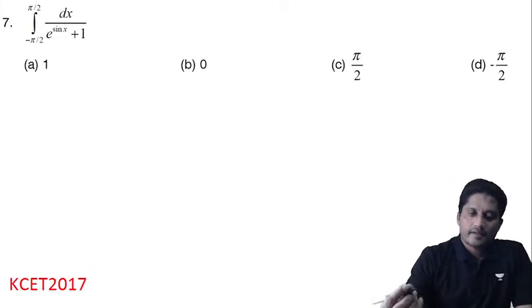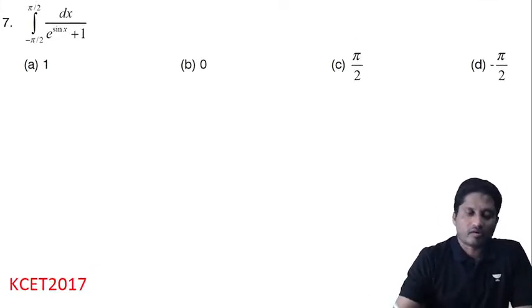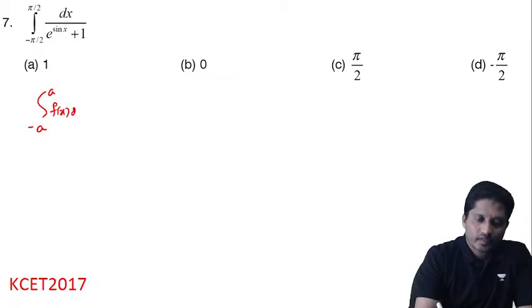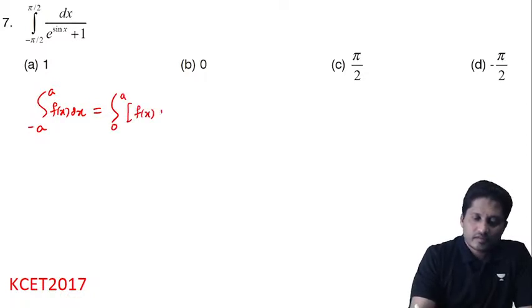Okay, now listen. If the function is neither even nor odd, it was asked in the 19 paper as well and the 20 paper as well, then the integral from minus a to plus a of f(x) is equal to the integral from 0 to a of f(x) plus f of minus x dx.